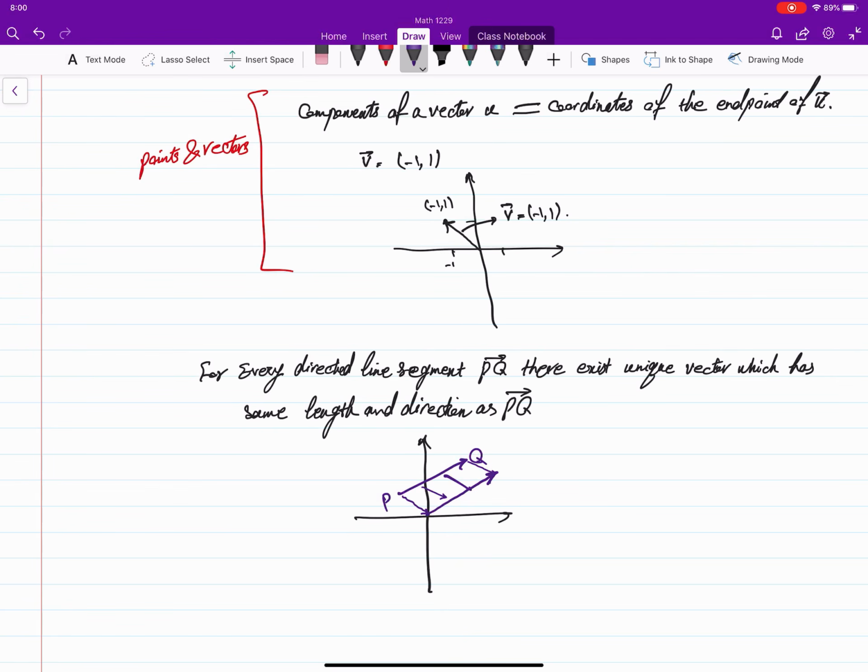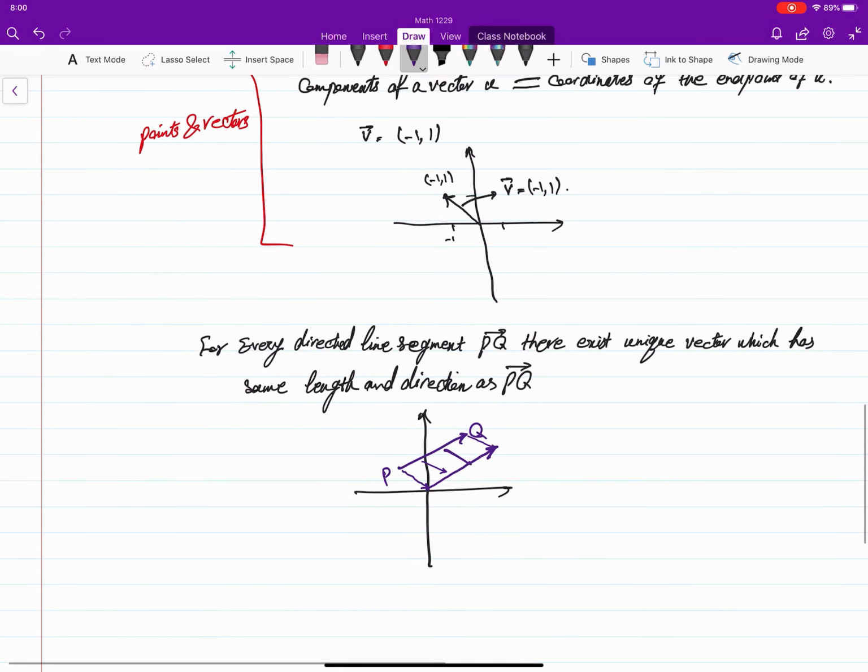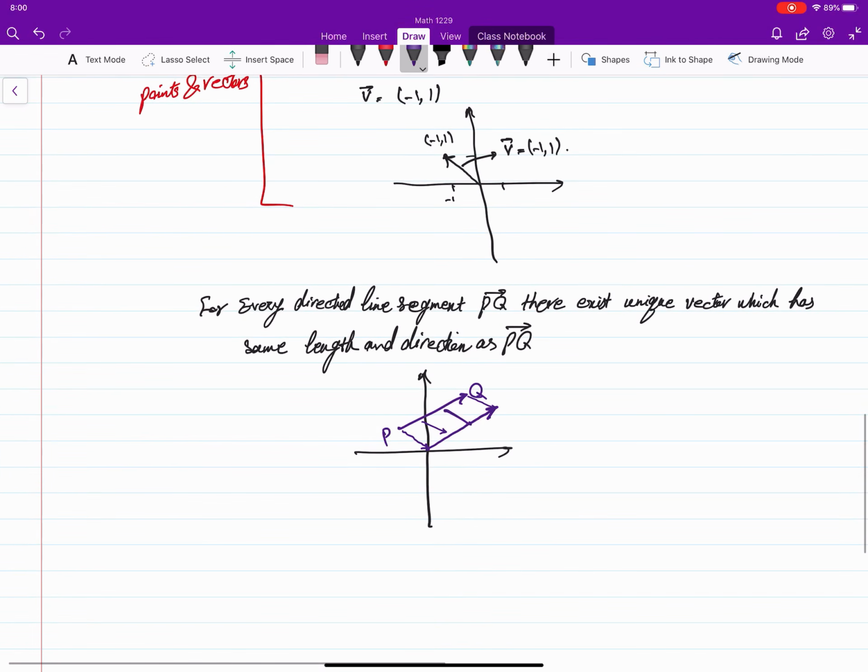That vector is called the equivalent vector of PQ.